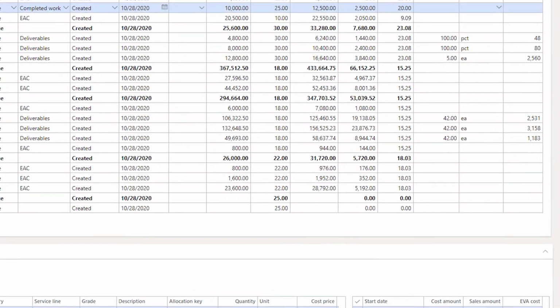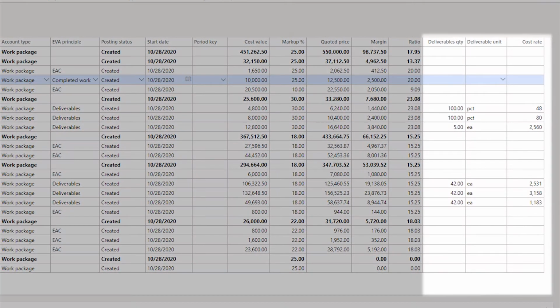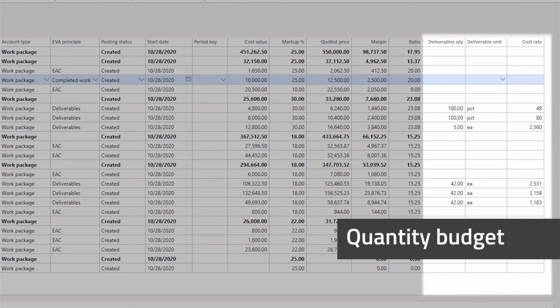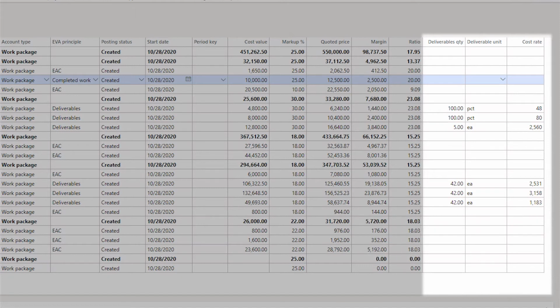The final component I want to highlight here is the deliverable budget or the quantity budget. So this is an option to apply an additional progress indicator outside of simply how much of your budget you have consumed. Of course, we have the completed work indicator from the WBS, but this is a pure financial indicator, the quantity budget.